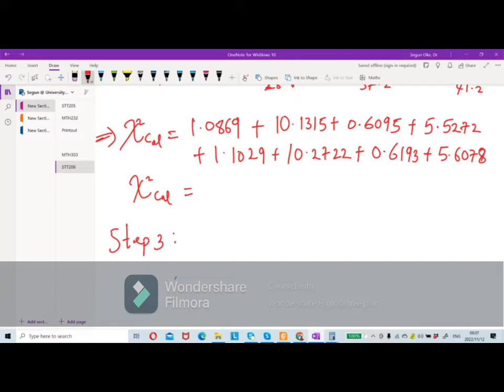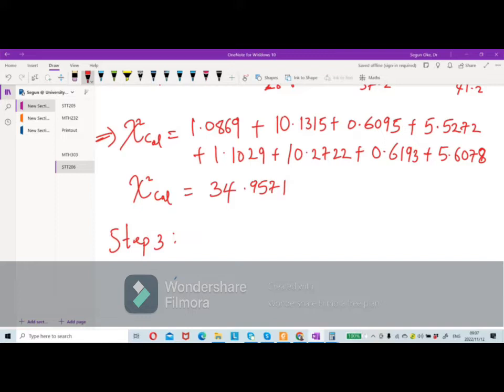The answer is 34.9571. 71 will get you, maybe because of the approximation. Yes, no problem. 34.9571. Good. So we have calculated one.